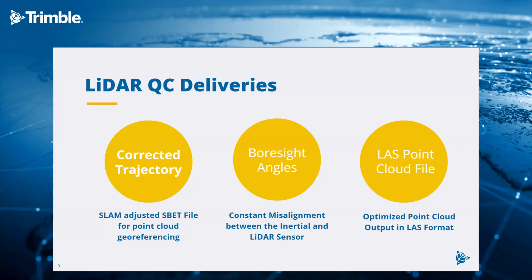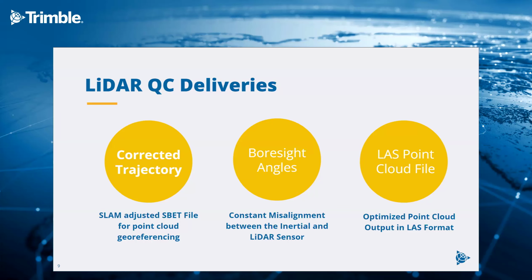You want to measure everything related to the sensor, which in this case is the LiDAR sensor. So LiDAR QC can estimate the Boresight angles. And eventually, if wanted, you can also create the point cloud directly in POSPAC, and it can generate hence the known LAS file for the point cloud.